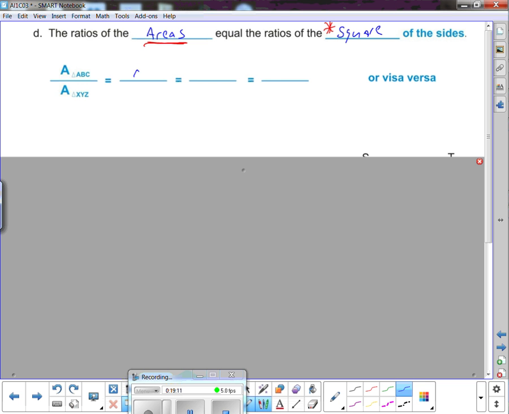So again, when I go AB, I got to go AB squared. When I go BC, I got to go BC squared. When I go CA, I got to go CA squared. And so on the bottom, when I go XY, I got to go XY squared.